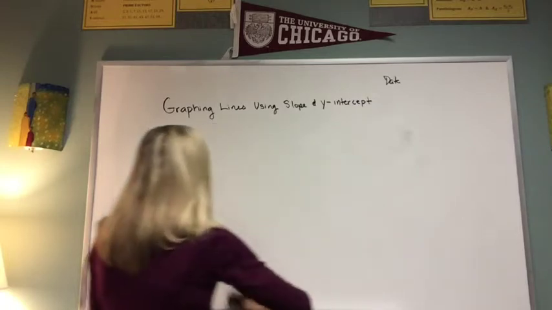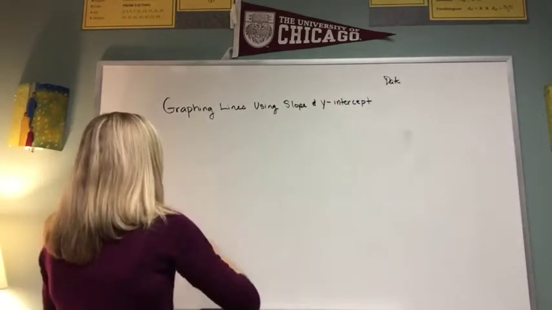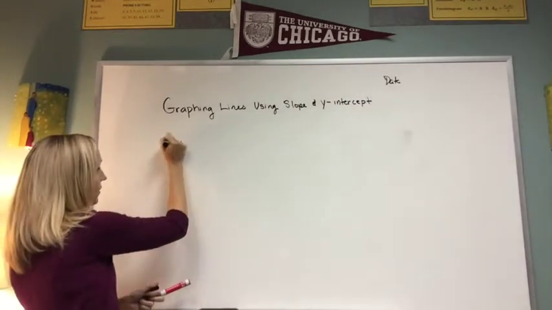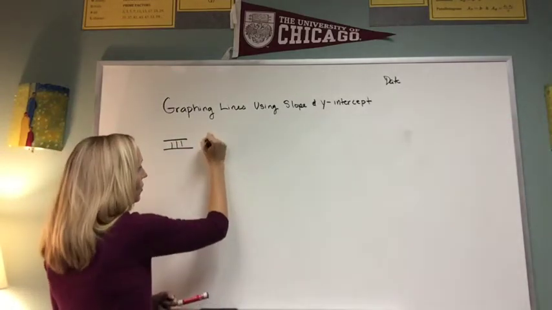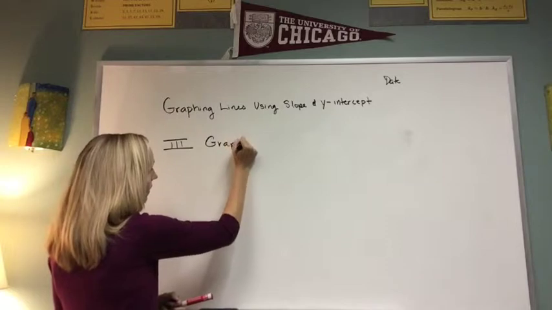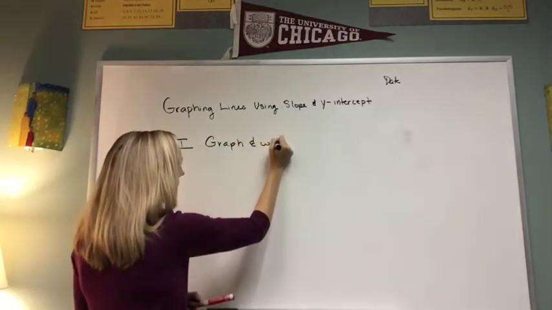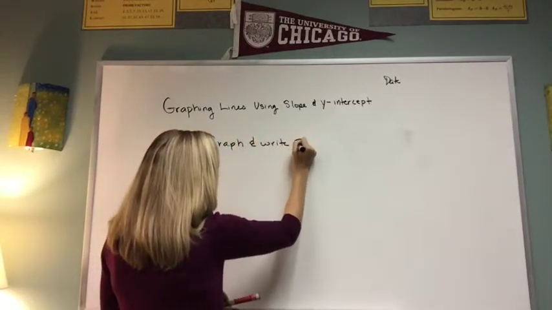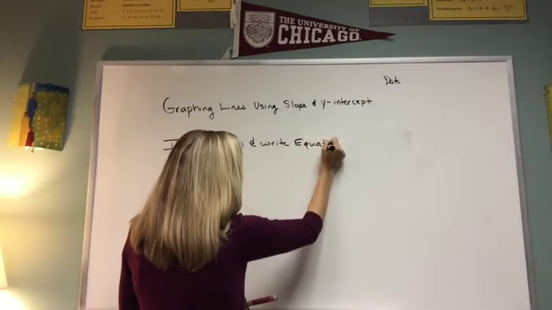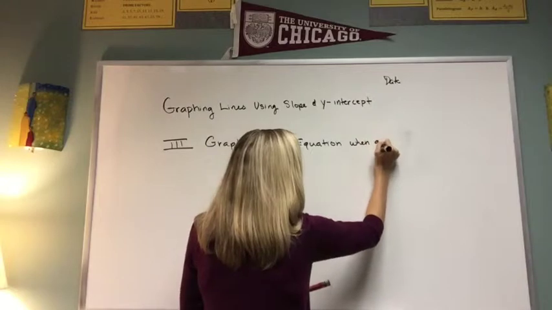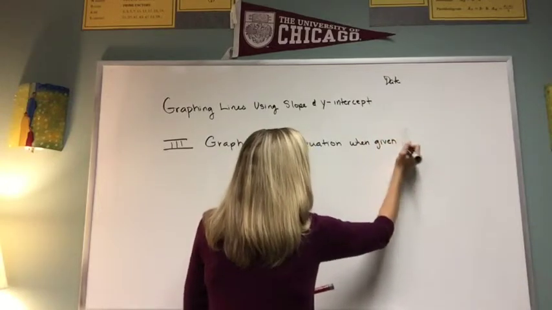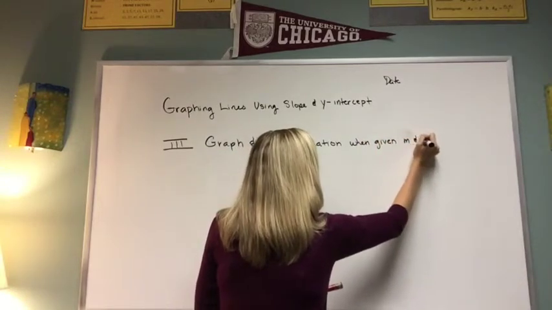I'm going to give you the slope and the intercept, and we are going to write the equation and graph it. So graph and write the equation when given m and b.